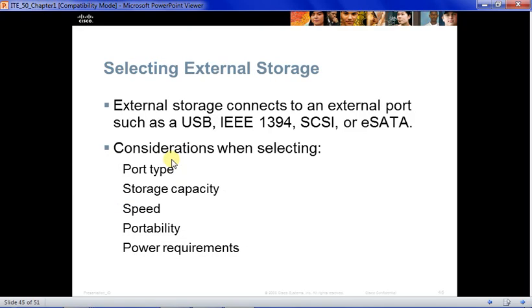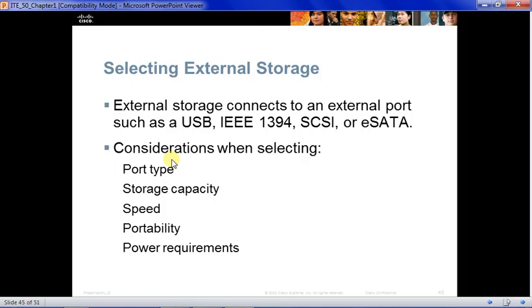For some of our customers, especially for small businesses, we might need to consider external storage, and that external storage can connect via USB, FireWire, which is the IEEE 1394, SCSI, or eSATA.